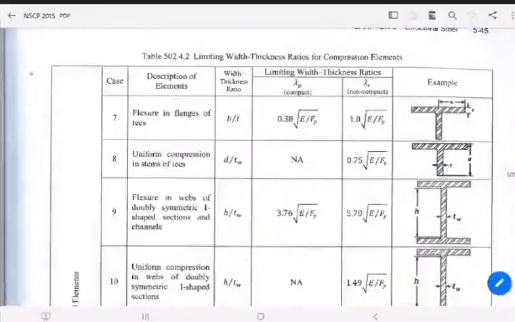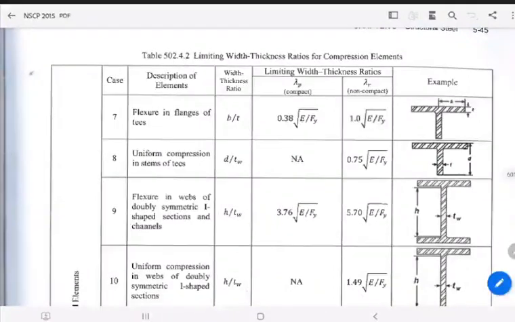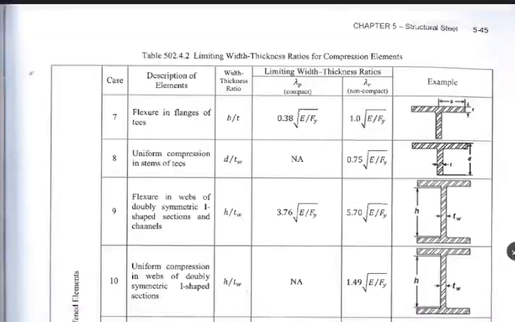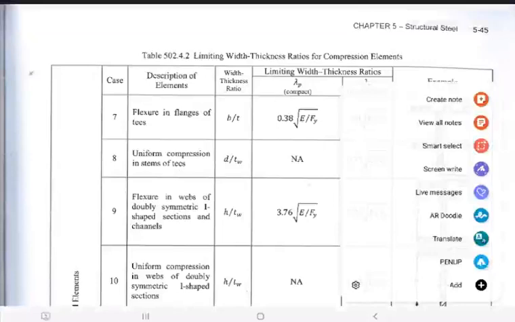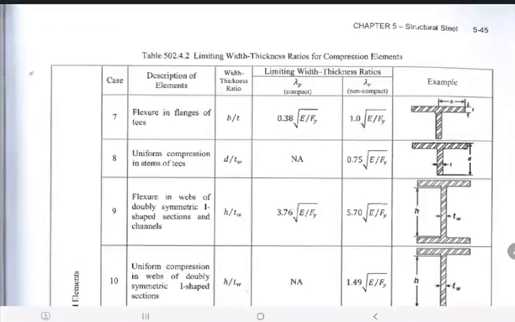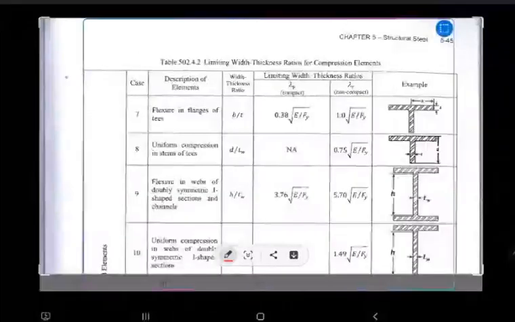Ayun, B/T. Ito yung mga B/T. Sometimes it is, for example here, for case 8, hindi ko kasi siya ma-highlight eh. Yun pala, screen right. Okay.